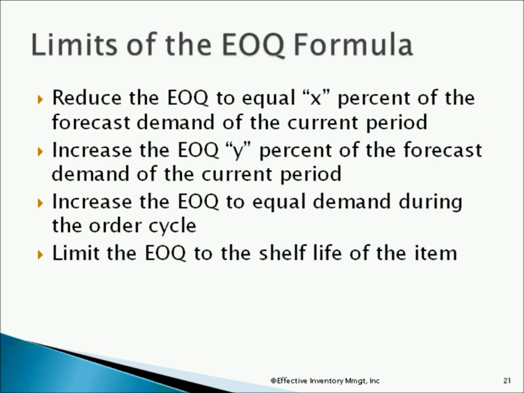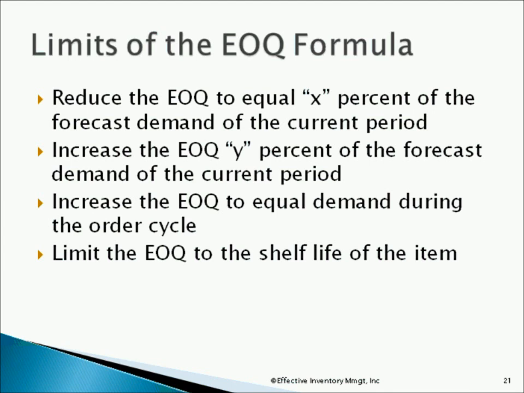Because we found that customers typically don't want to buy a product today that expires tomorrow. Think about going to the grocery store on your way home tonight and buying a gallon of milk. Do you really want a gallon of milk in your grocery cart that expires tomorrow, July 31st? No, you're probably going to reach for another gallon from a newer shipment. So we want to limit the EOQ to the practical shelf life, I should say, of the product.